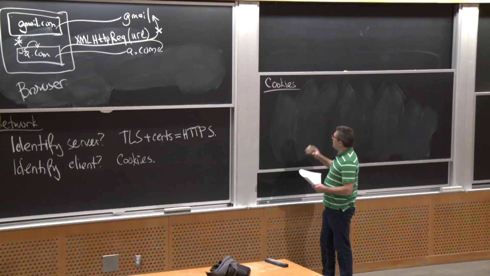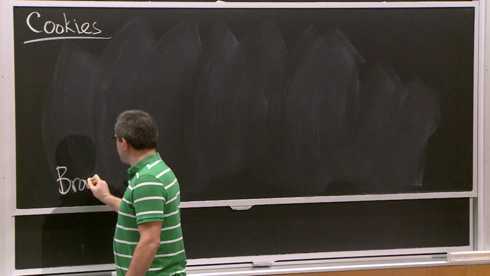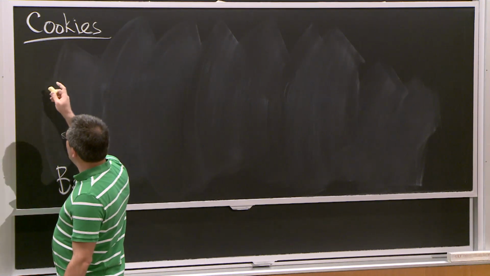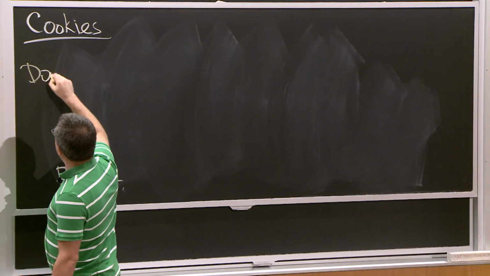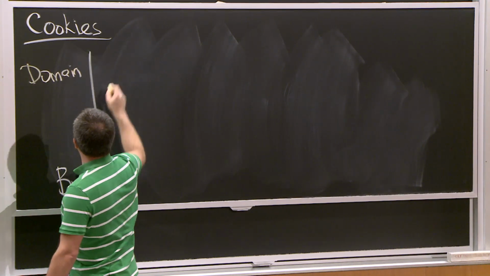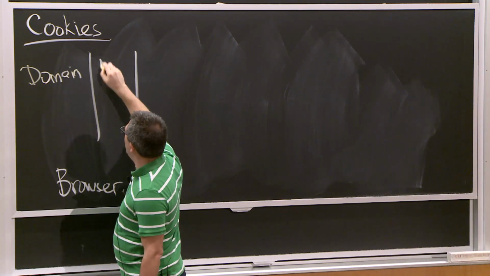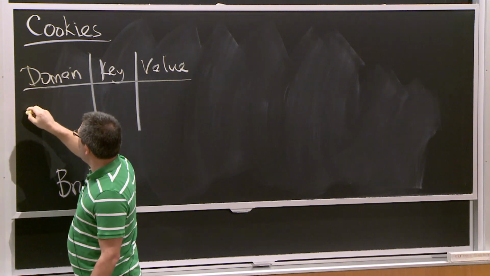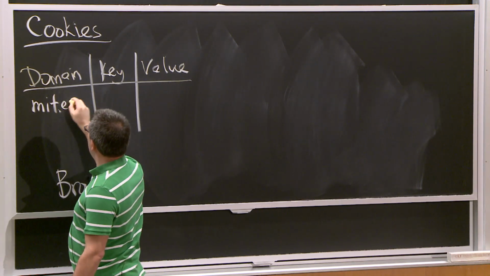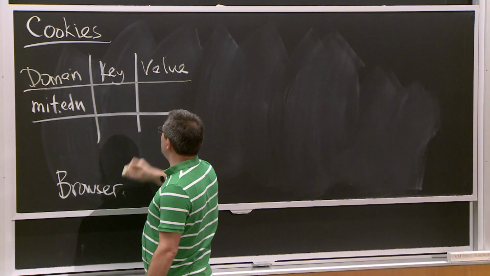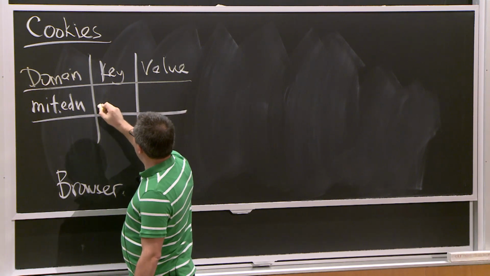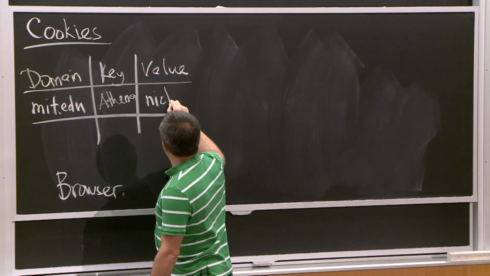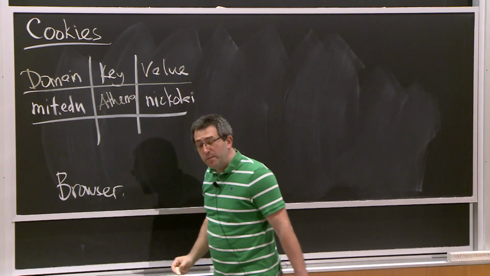So the way cookies work, logically speaking, is that on the browser end, there's a giant table that the browser maintains. And roughly, there are three important fields in this table. There's the domain of the cookie, and then the cookie itself is a key-value pair. So key, value, and you might imagine the domain is, say, mit.edu, which has some cookies set in this browser, where the key is, say, Athena, my Athena username, and Nikolai might or might not be my Athena username.